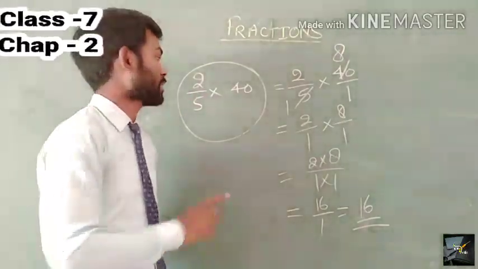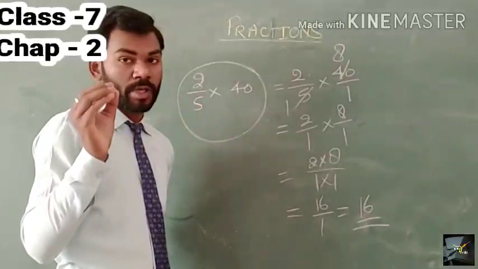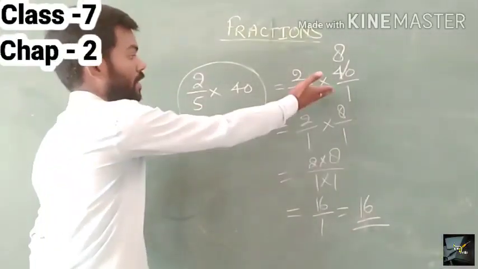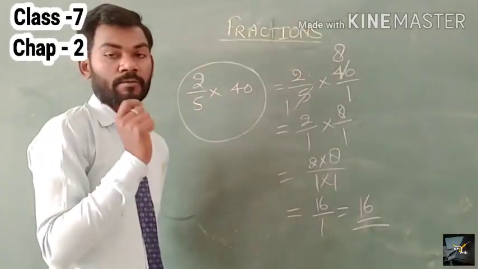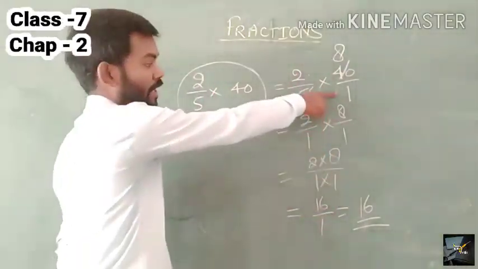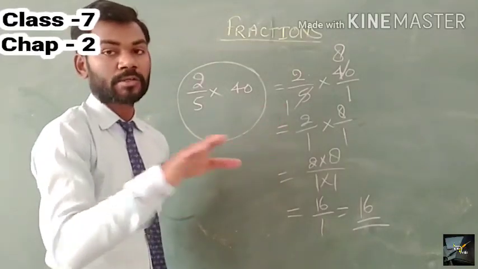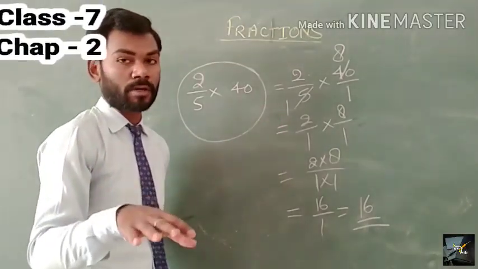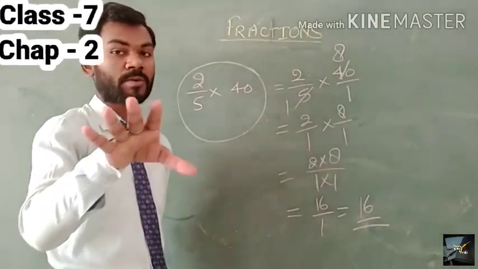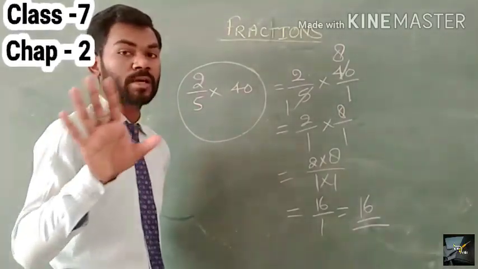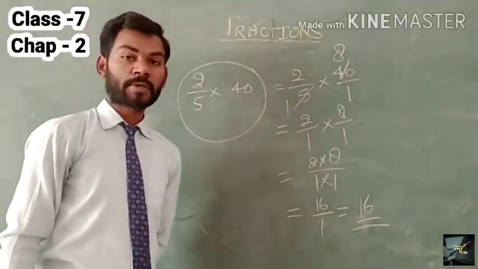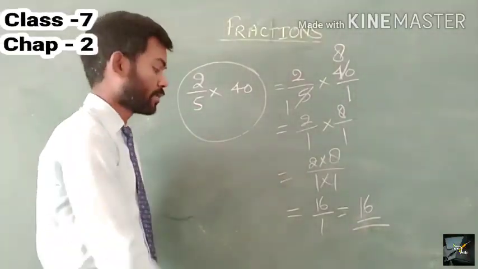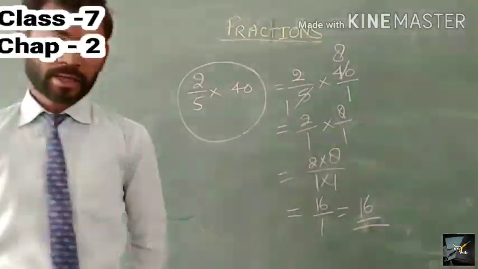You have to always write this number as a numerator. Okay, so here you can see that this 40 is made the numerator, and for our convenience we have divided it by 1. There is no method of division by 1, because whenever any number is divided by 1, the value will remain unchanged. Okay, now following the rule of multiplication, we can get the result. Therefore 16 is the right answer.